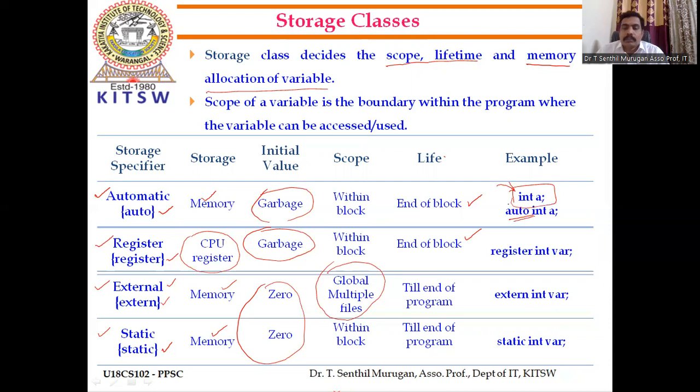For register, we have to mention register in front of the variable. For external, we must use the extern keyword in front of the variable. Same for static, we have to mention static in front of the variable.